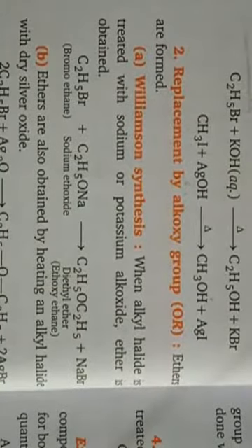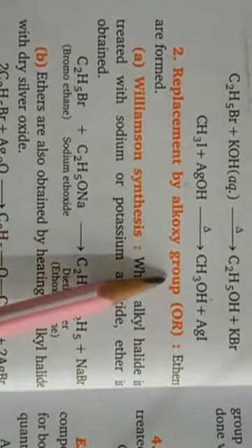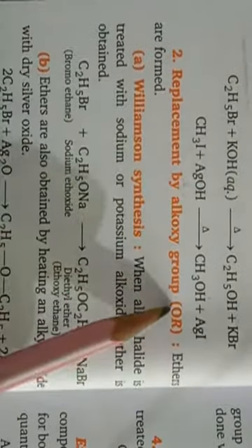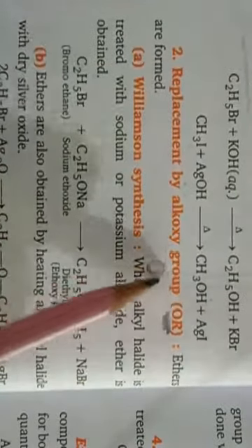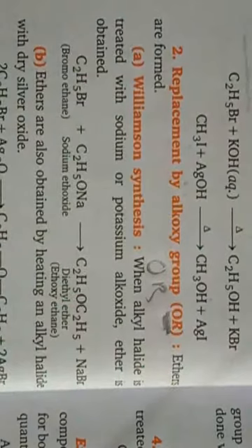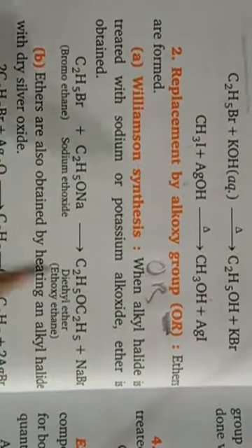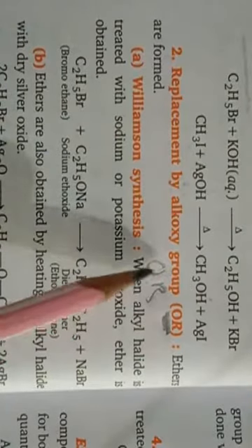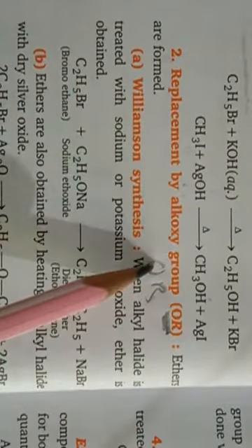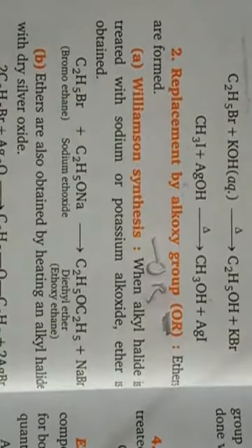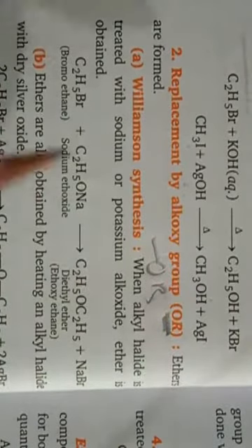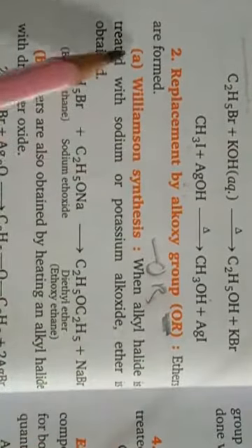The next is replacement by alkoxy group. Alkoxy group, OR. Oxygen and alkyl group collectively are known as alkoxy group. In this reaction, the halide ion or halogen atom is displaced by alkoxy group, so ether will form as a final product.